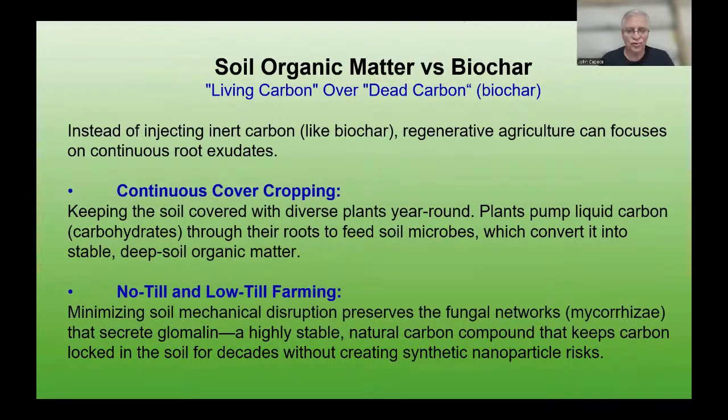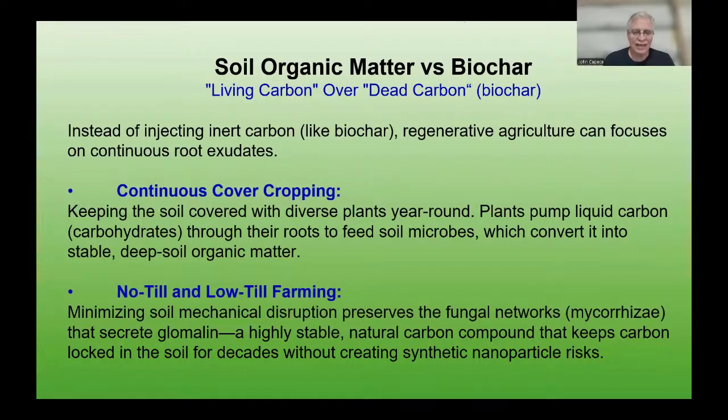Because of the risks associated with biochar, regenerative agriculture prioritizes cultivating living carbon over injecting dead carbon. We can achieve this stable living carbon sink through two primary methods. First, continuous cover cropping. By keeping the soil covered with a diverse mix of live plants year round, we maximize photosynthesis.